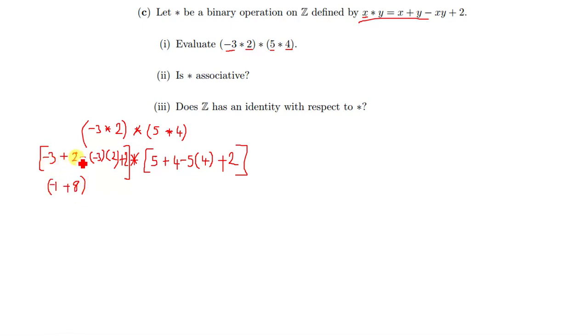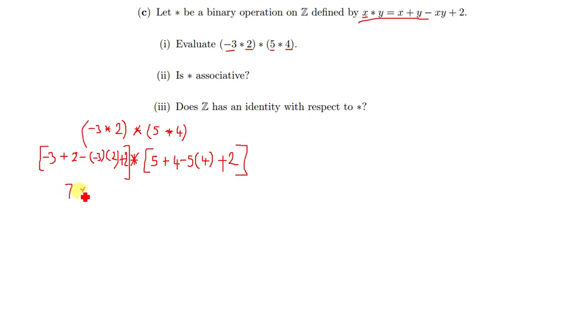Let me just go through. This will give you negative 1, 6 plus 8 plus 2, 8. Okay, so when you add negative 1 plus 8, you get 7.